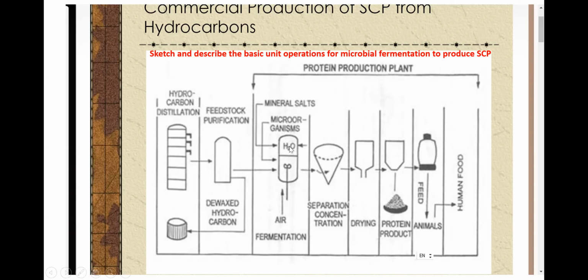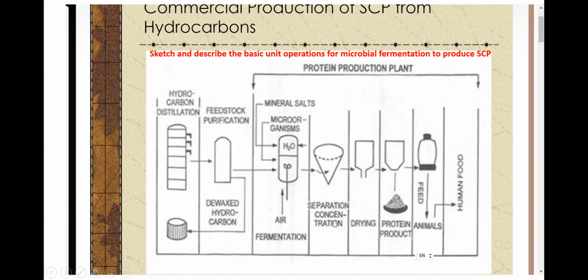Okay, so in fermentation, we need water, microorganism, and also mineral salts, with the hydrocarbon as carbon source. Then there should also be air sparging, followed by separation or concentration.